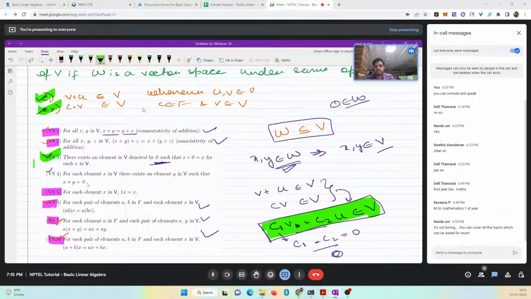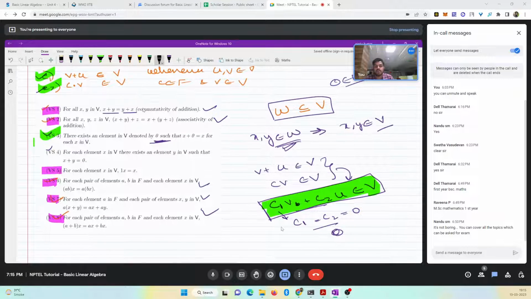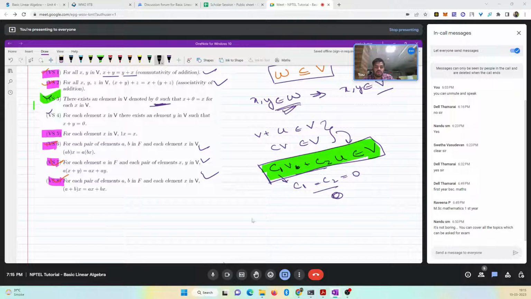And for existence of inverse, let's say if you take C1 equal to -1, then -1 into V plus, if you take C2 equal to 0, and 0 into V, is minus of V, right? So this inverse property is also satisfied.